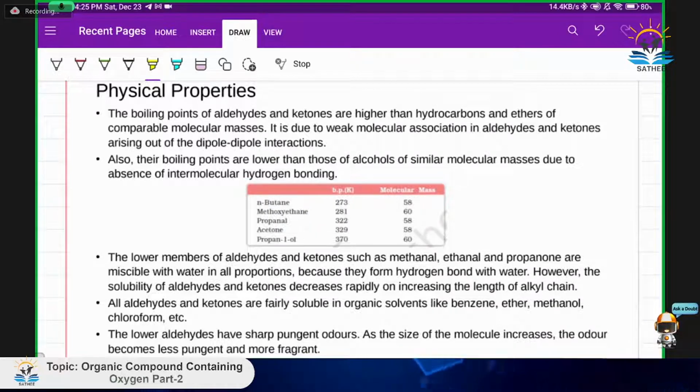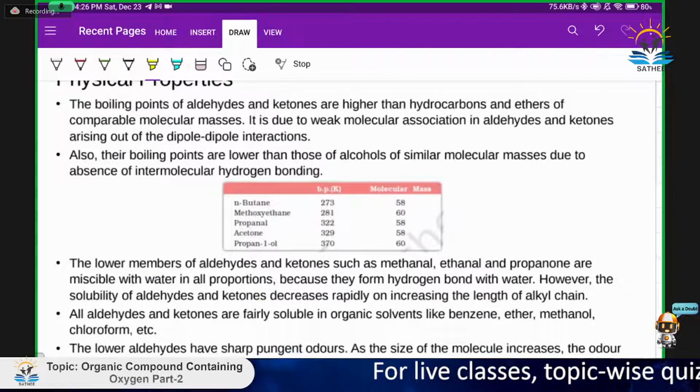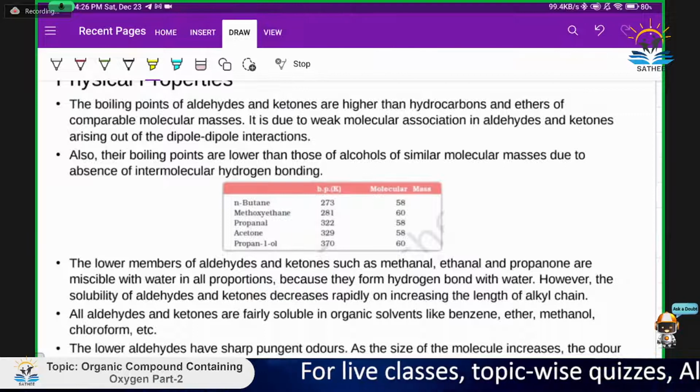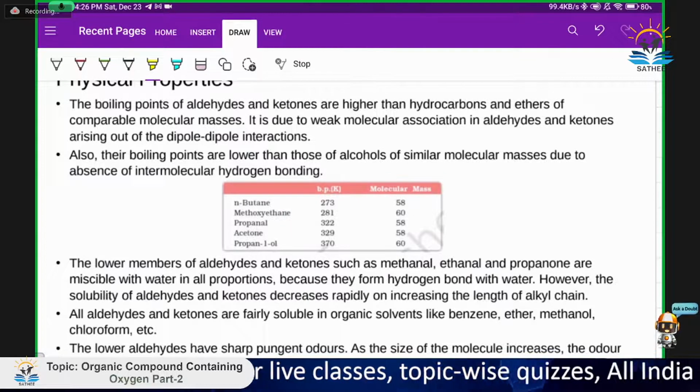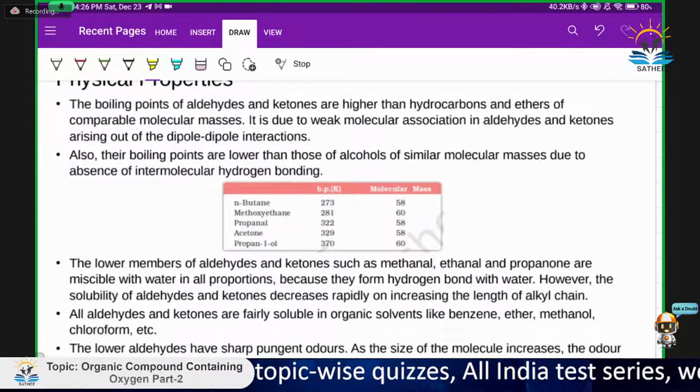So due to this polarization, there is weak interaction, and so their boiling point is higher than the normal hydrocarbons of comparable molecular mass. Also, their boiling points are lower than that of alcohols of similar molecular masses. So we know in alcohol there is hydrogen bonding present. So obviously their boiling point will be higher than aldehydes and ketones.